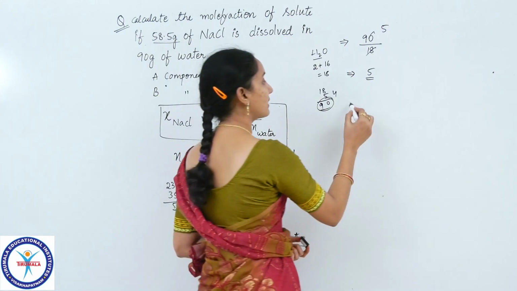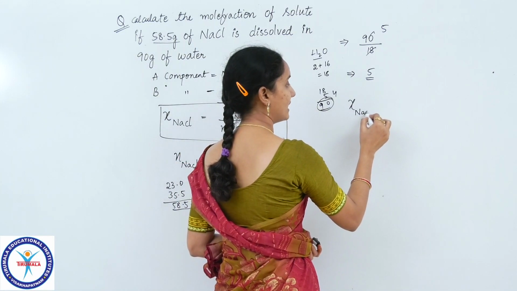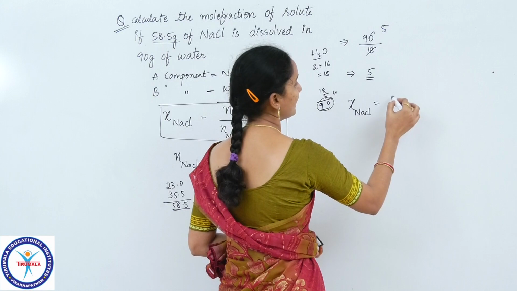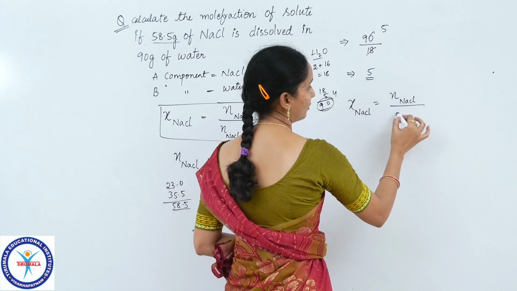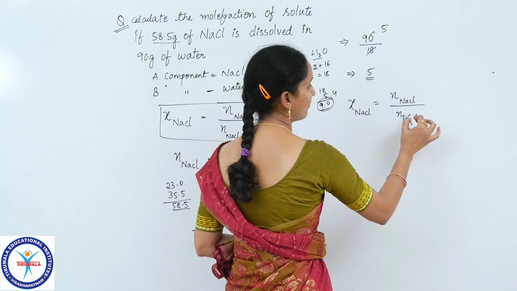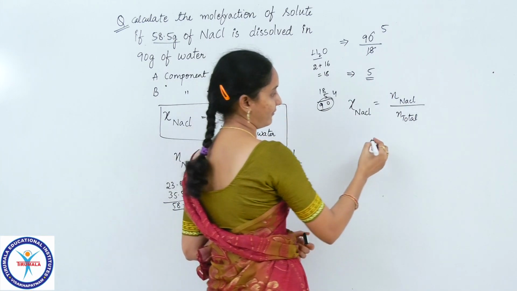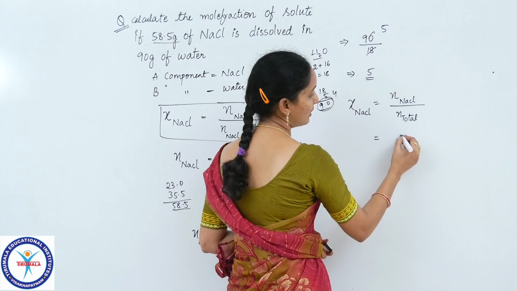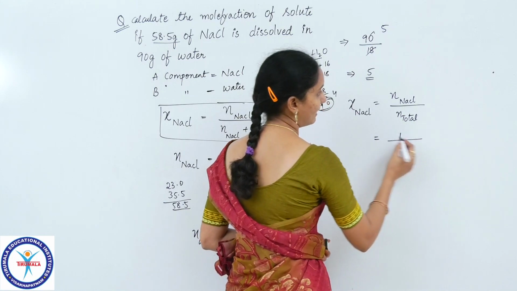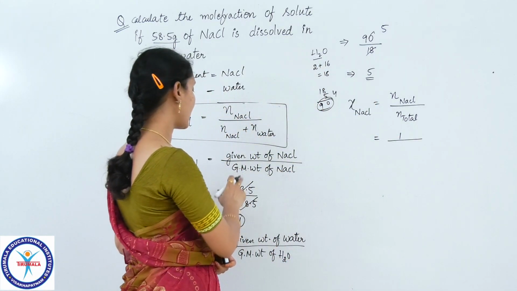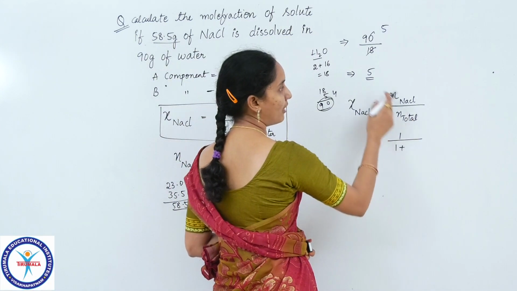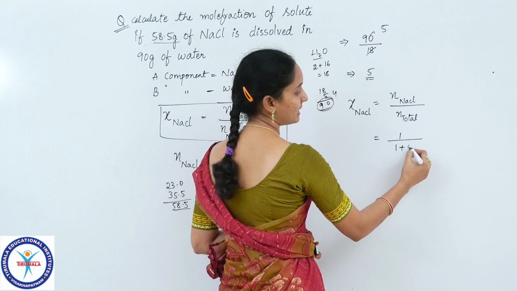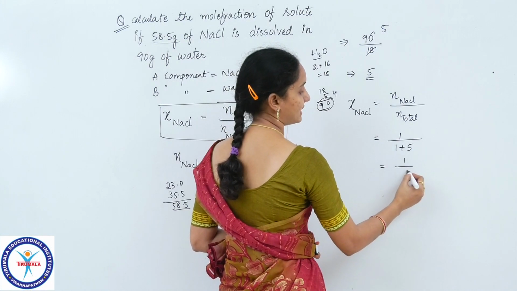So now we want the mole fraction of NaCl. So mole fraction of NaCl is equal to number of moles of NaCl by total number of moles, that is number of moles of water plus number of moles of NaCl. So number of moles of NaCl we got 1 divided by total number of moles, 1 plus number of moles of water 5. So it is 1 by 6.